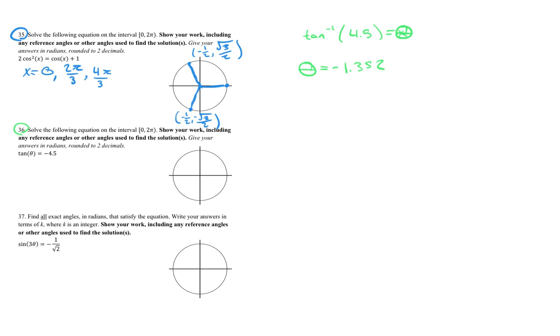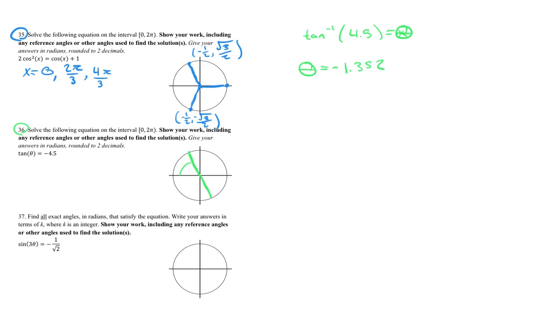1.352. The problem is that's not defined on our interval. So this angle here is maybe something kind of like this. So then the other spot that we're going to get this same result is this angle here. So we know that this much here is that same theta.